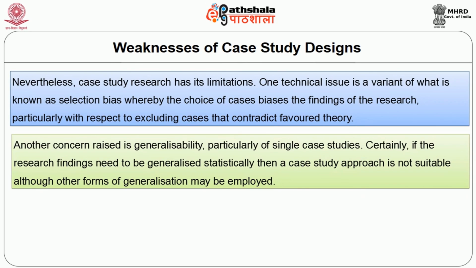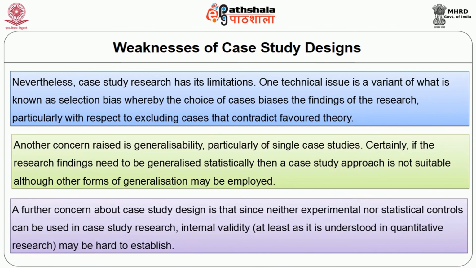Certainly, if the research findings need to be generalized statistically, then a case study approach is not suitable, although other forms of generalization may be employed. A further concern about case study design is that since neither experimental nor statistical controls can be used in case study research, internal validity, at least as it is understood in quantitative research, may be hard to establish.